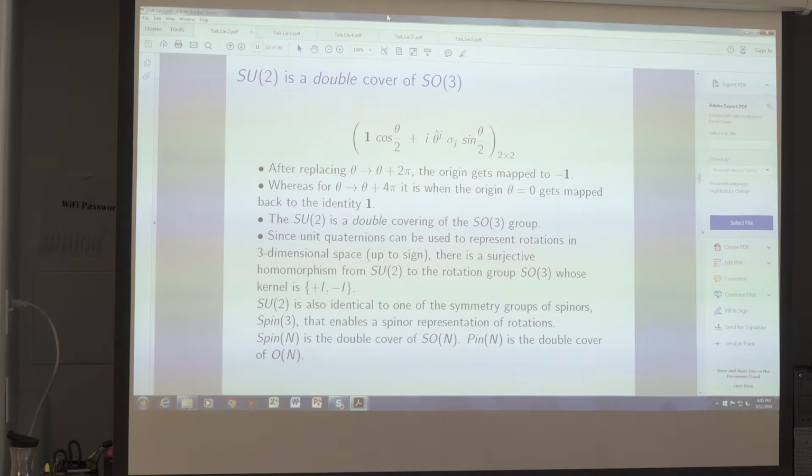In this case, notice that when the angle is 360 degrees, when you perform a rotation by 2 pi, because you are dividing by 2, you end up with cosine of pi, which is -1. The sine of pi is 0, so the cosine of pi is -1.